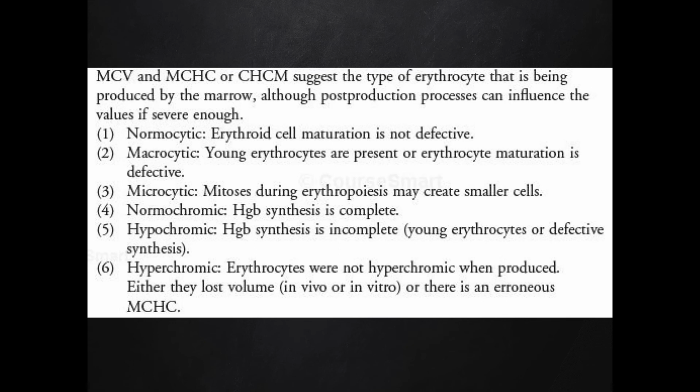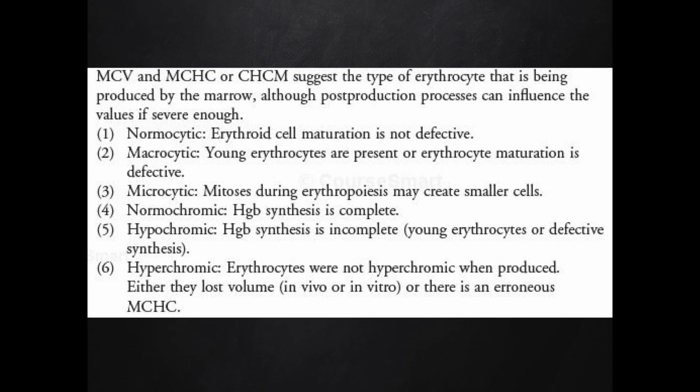In normochromic, the hemoglobin concentration is normal, meaning hemoglobin synthesis is complete. In hypochromic, hemoglobin synthesis is incomplete, or there is a lack of hemoglobin carrying the red blood cell. So it could be young erythrocytes or defective synthesis.